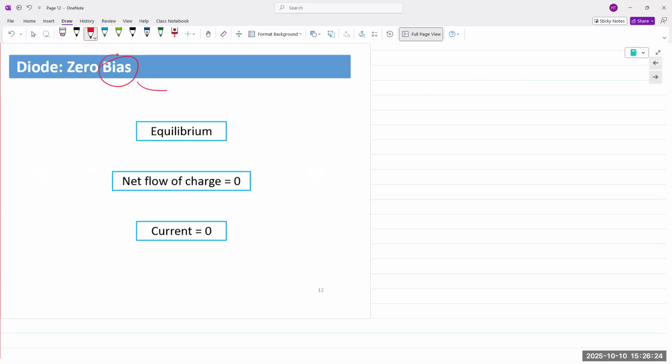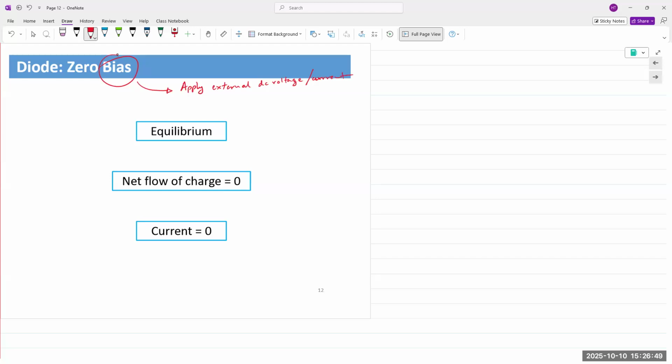Bias, by the way, simply refers to the process or the act of applying external DC voltage. Okay.